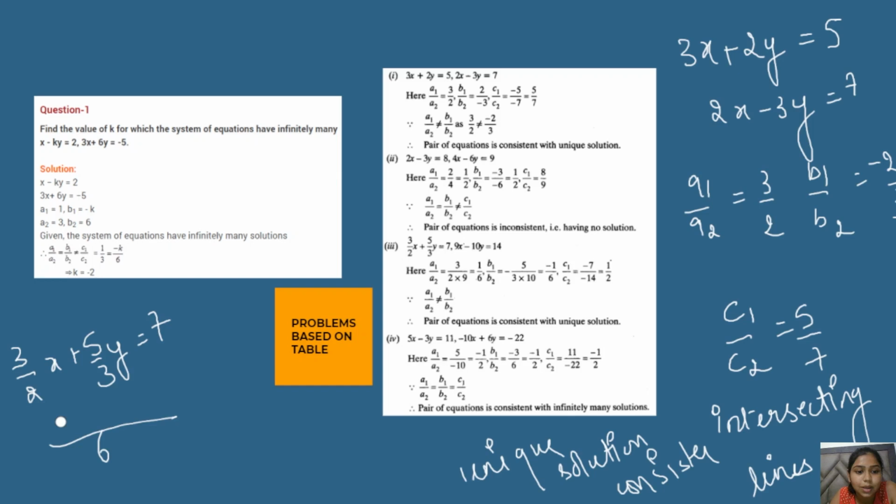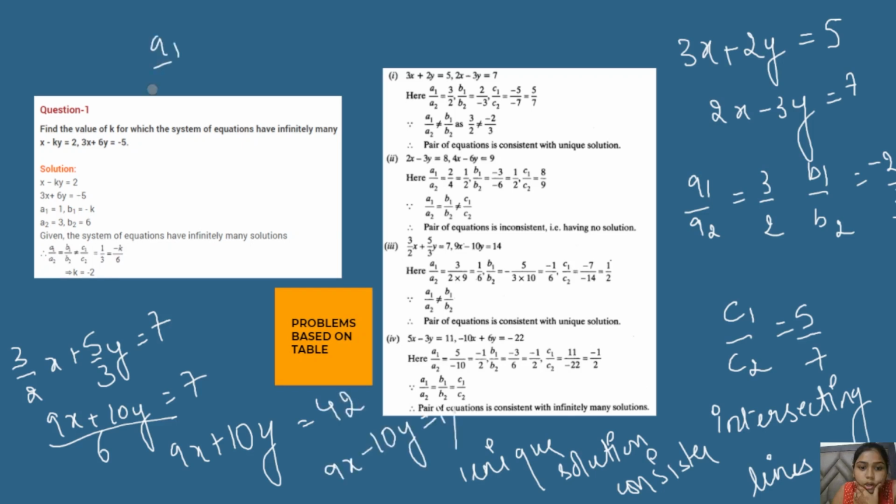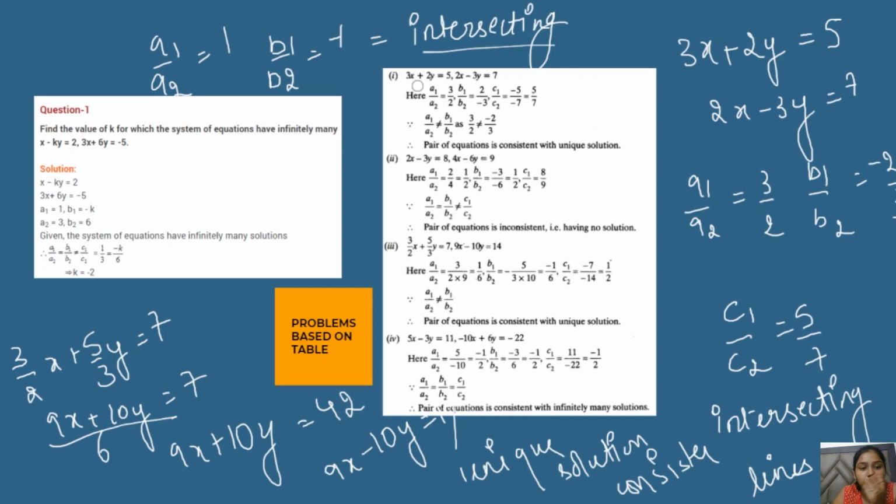You will be getting the equation 9x plus 10y equals 42, and the other equation is 9x minus 10y equals 14. These are the two equations. So a1 by a2 equals 1, b1 by b2 equals minus 1. Since they are not equal, it is also intersecting and consistent, with a unique solution. I hope it is clear to you.